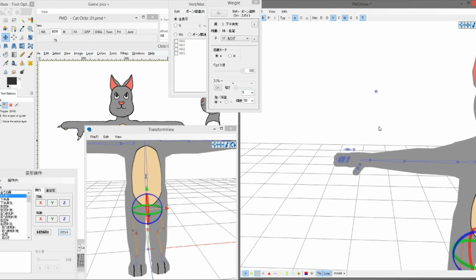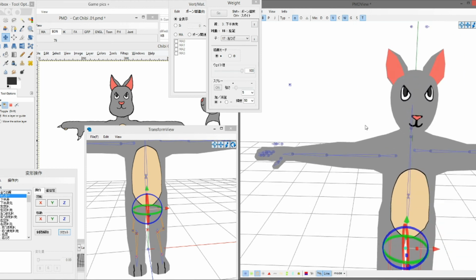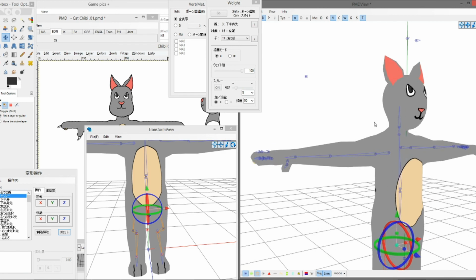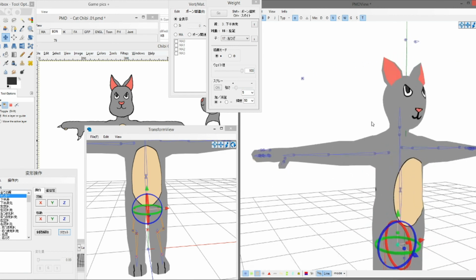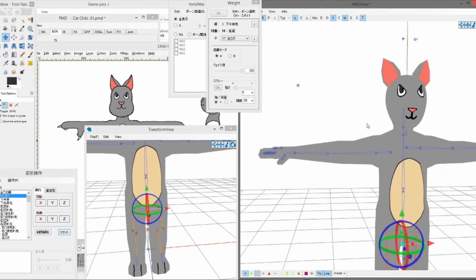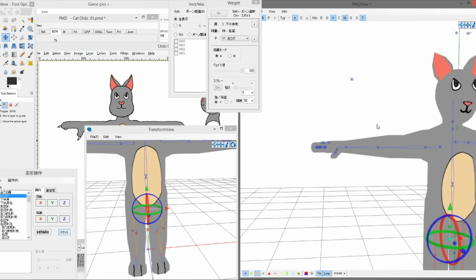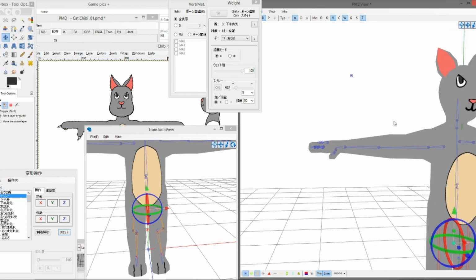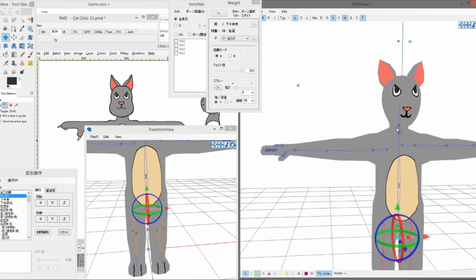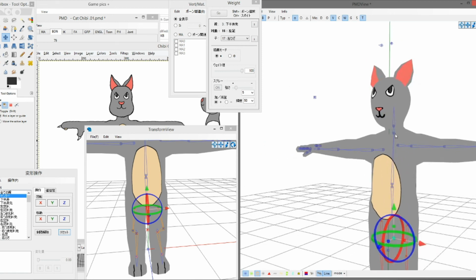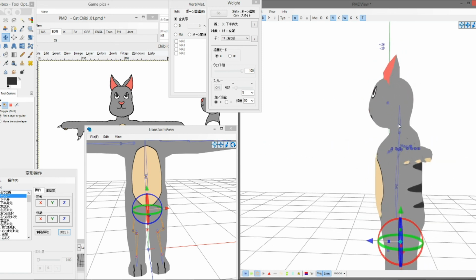And leave a comment in the comment section. Tell me what you think of this model. Is it derpy? Is it funny? Is it cool? Because I made it pretty fast, but I did use the base I had before that I showed you guys before. So it might look a little different.